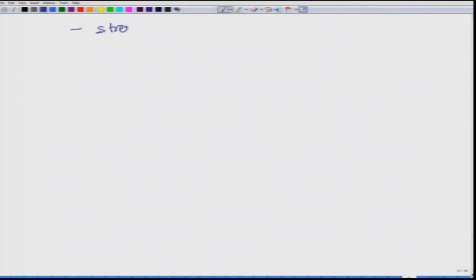So, now what are the important points that we can note down regarding the stress and strain field around an edge dislocation? One, the first and foremost, is that the stress field has both dilational as well as shear components, dilational or normal, you can say.